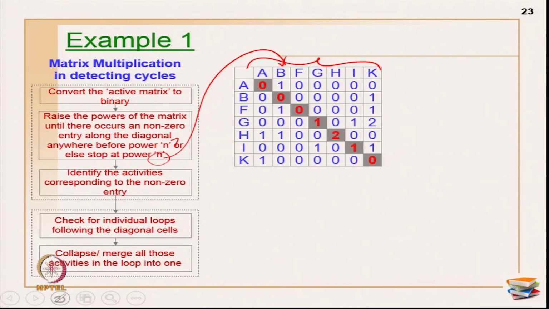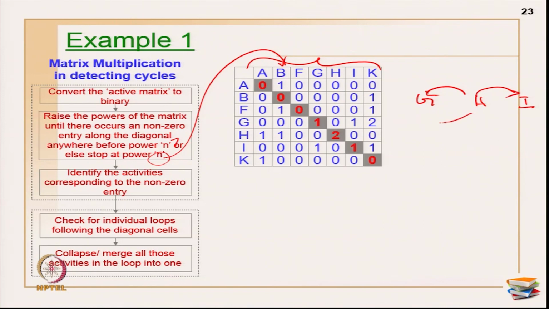Okay. So this implies G is here, H is here and I here. If you are not very comfortable in identifying or tracing the loop, you have to do the tracing by go through the relationship and then identifying where is the real loops. Okay. Because I have got values as 2 also. This 2 implies this H is on 2 cycles.